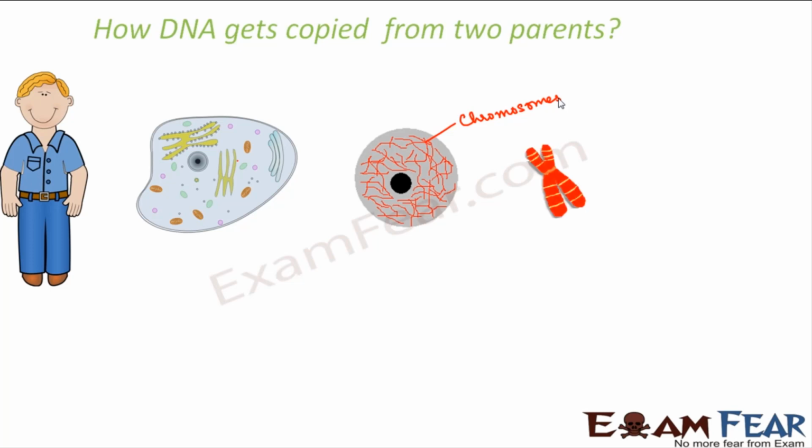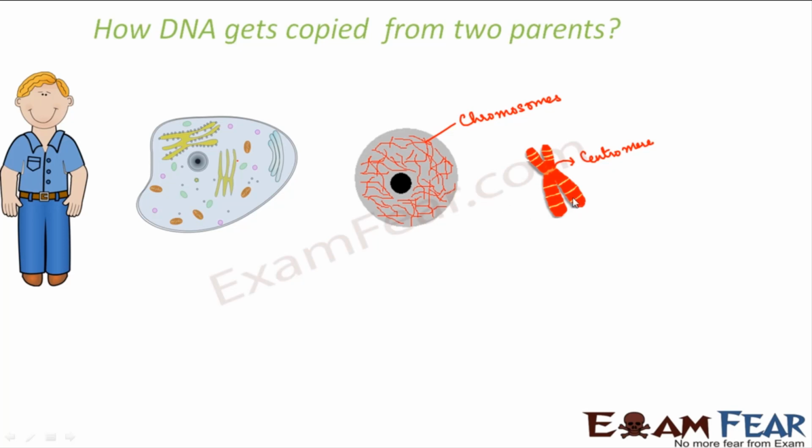Now when we look at a chromosome even more closely, it looks somewhat like this. It looks as if there are two strands joined in between. The structure which joins these two strands is known as the centromere, because it joins them at the center, and each of these strands is known as a chromatid.